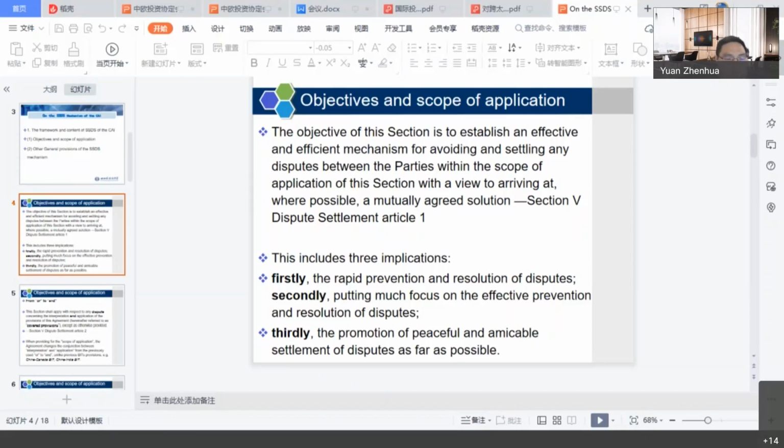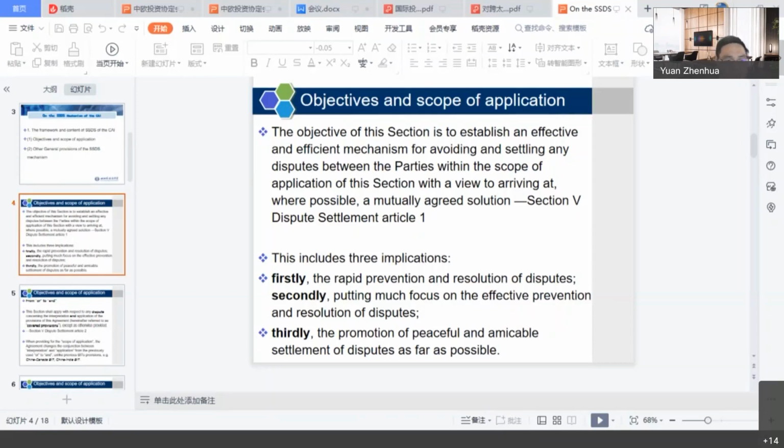The request shall identify the specific measure at issue and briefly explain how that measure constitutes a breach of the covered provisions in a manner sufficient to present the legal basis for the complaint clearly. So here is another issue: how to define the measure.